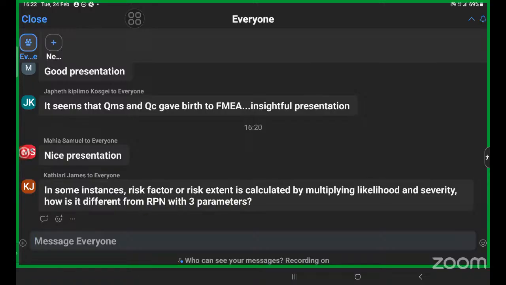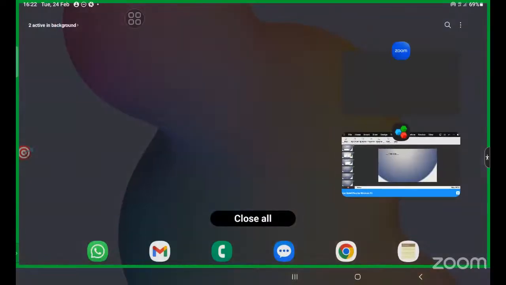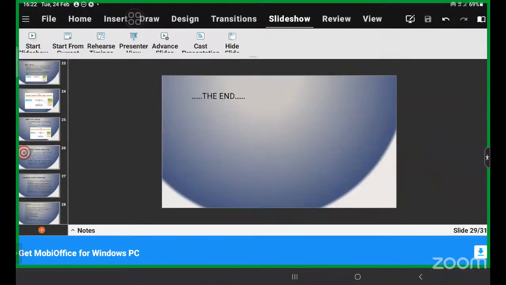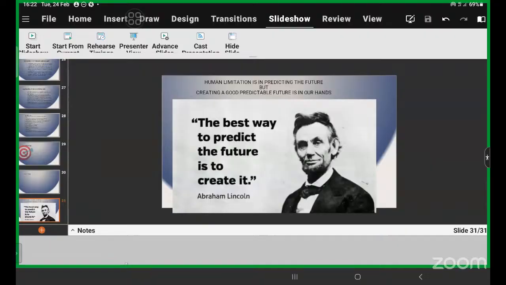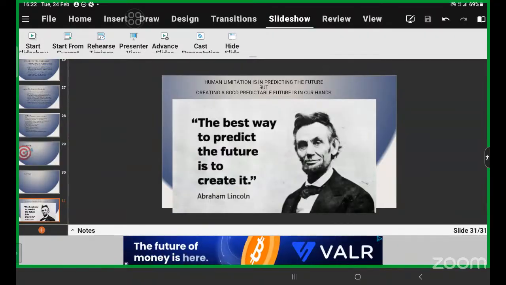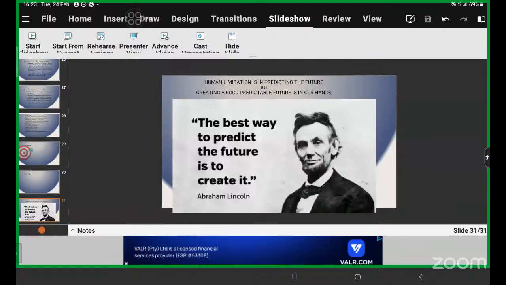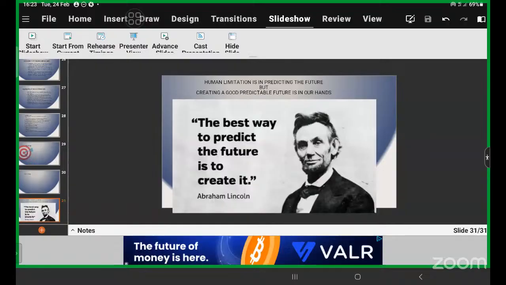In my closing remarks, maybe I will say that it is a human limitation that we cannot predict the future, but creating a good predictable future is in our hands.